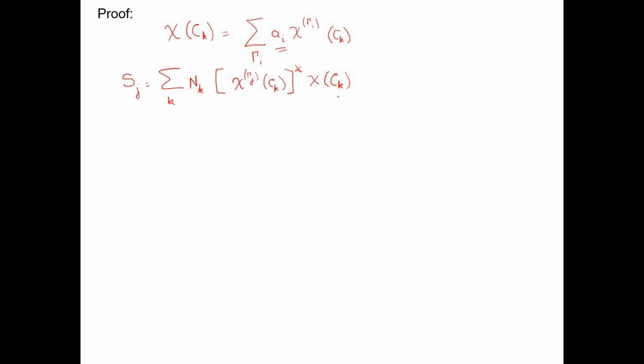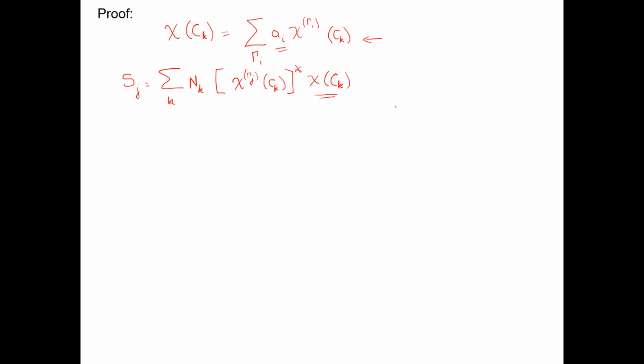Let me call that quantity Sj. Now I use this assumption that I can express this quantity as this linear combination. So let me just substitute it there.